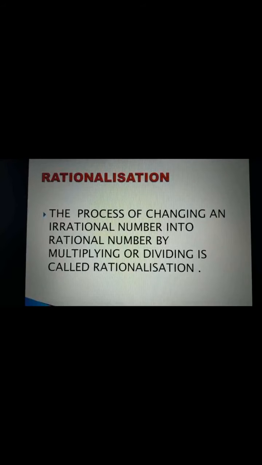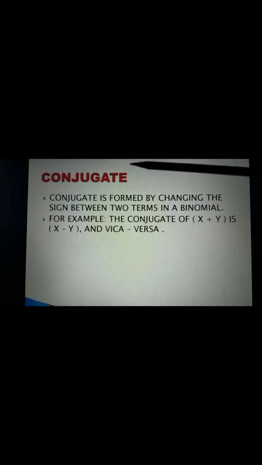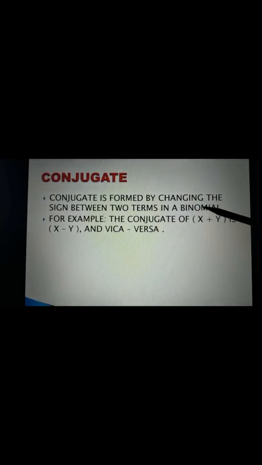Before going ahead, we have to learn a few important keywords that are useful in rationalization. That is conjugate. Conjugate is formed by changing the sign between two terms in a binomial. For example, if we have x plus y, here we have two terms, term 1 and term 2, and the sign is plus in between them.